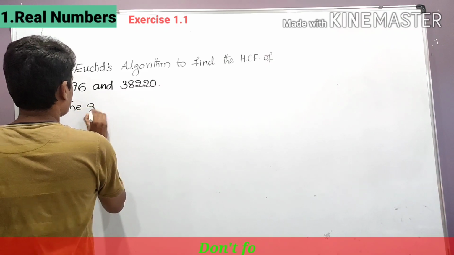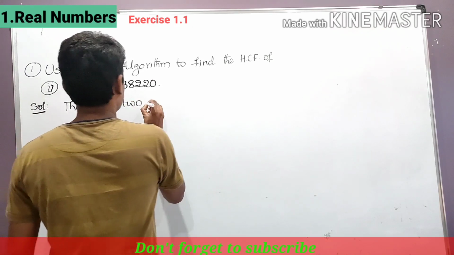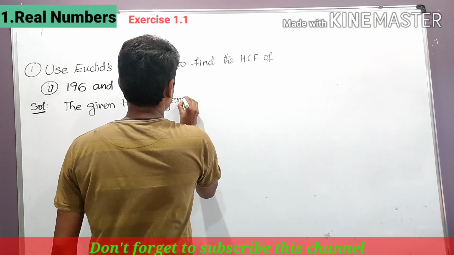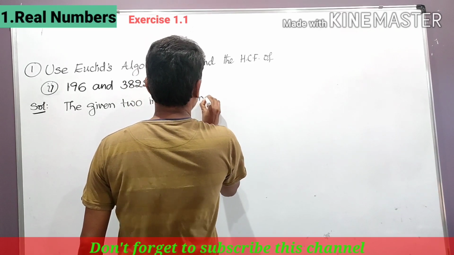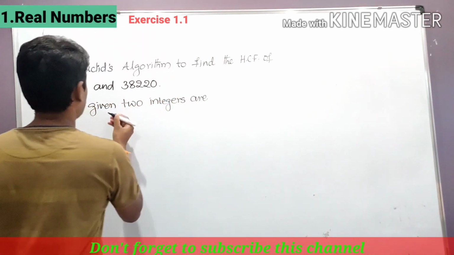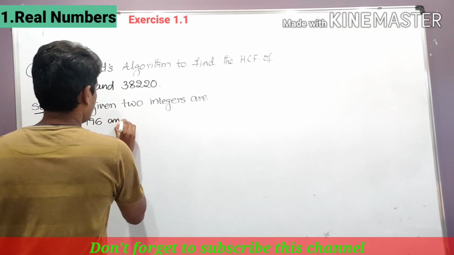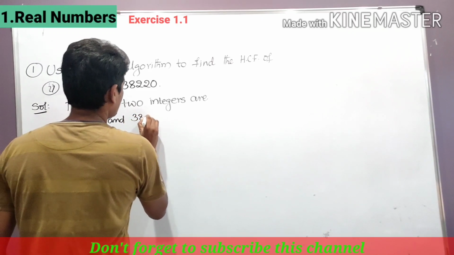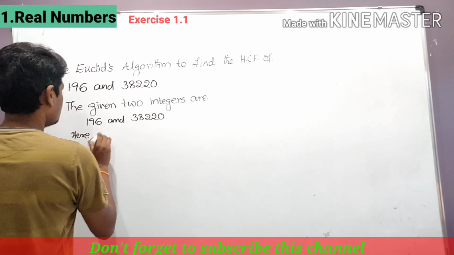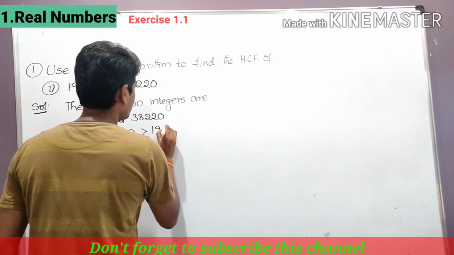The given two integers are 196 and 38,220. Here it is very clear that 38,220 is greater than 196.